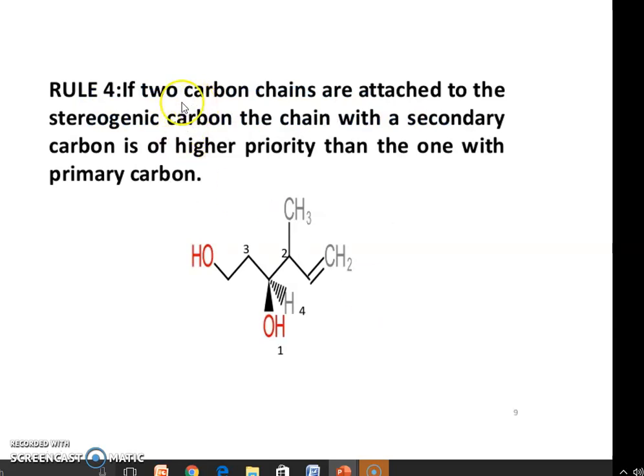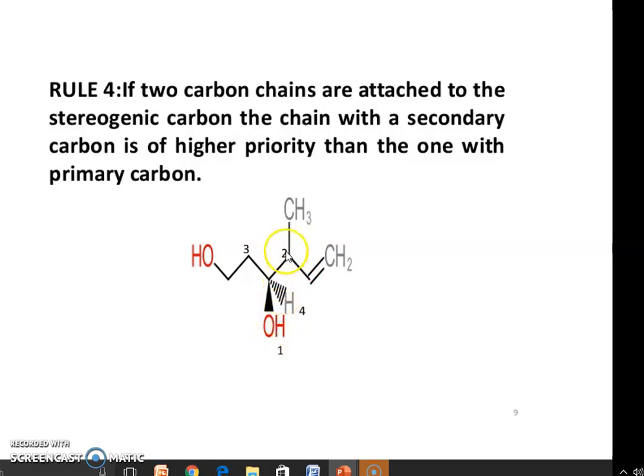And rule 4 says, if two carbon chains are attached to the stereogenic carbon, then the chain with the secondary carbon has higher priority than the one with the primary carbon. So this is the chiral center. You can see the chain with the secondary carbon atom has higher priority compared to the one with the primary carbon atom. So this is the first one.